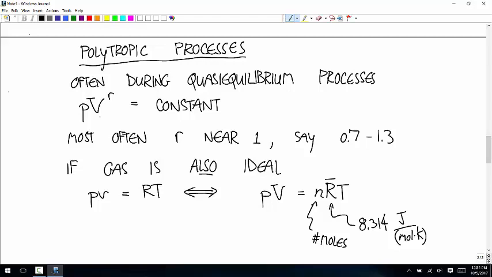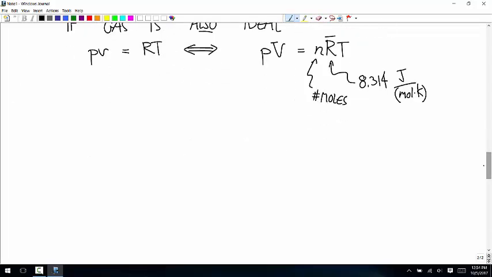One more equation, you can eliminate one more variable. We've done problems where we've used polytropic processes with n equal to 1.2 or 1.3. So let me just do a couple of examples.